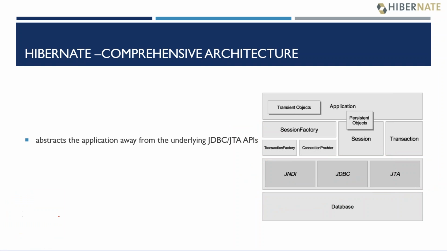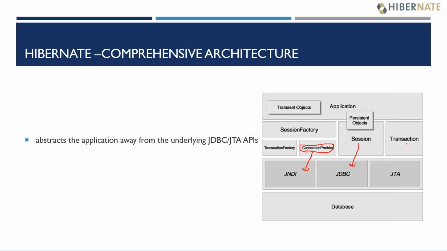So in the Hibernate application, for the connection provider, you will just have a class that is the connection provider, but internally it will use JNDI. For performing JDBC relational operations, you have the session API, which internally will use JDBC.